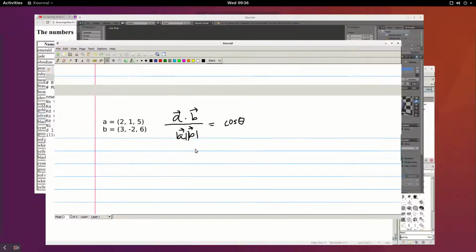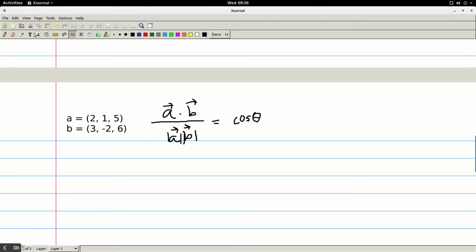For any given vector, let me write it in this way. We want to find out A dot B, right? This can be found out with AX times BX plus AY times BY plus AZ times BZ. If you talk about the three components as X, Y, and Z, this is how you can find out the dot product.